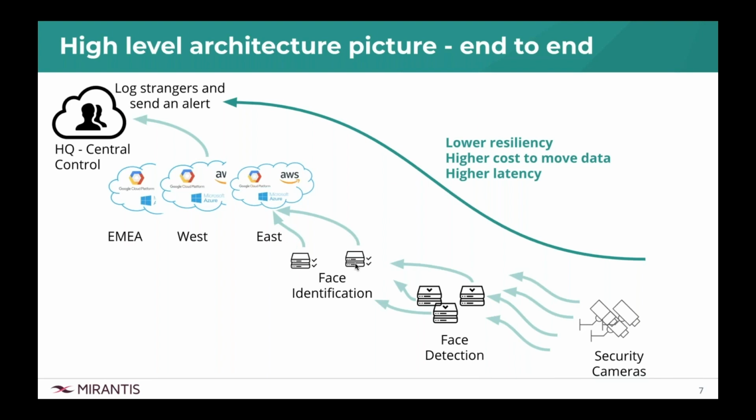Is that somebody who's supposed to be there? Basically compare it to a list of known faces. And if it's not, then it's a stranger, and let maybe the central cloud know, and then the central cloud can log, hey, there's been a stranger here, and send you an alert. Does that sound like a correct mapping?